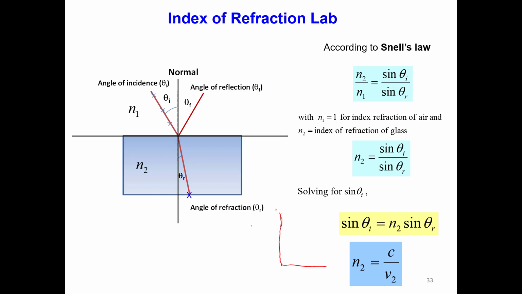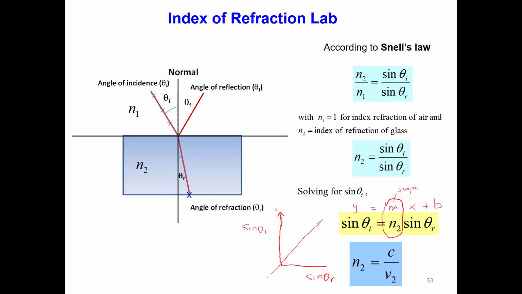I want you to plot the sine of the incident angle on the y-axis and the sine of the refraction angle, and then you will get something like that. It should be close to 0 here. You can see this is like y equals mx. The slope in this case corresponds to the index of refraction. This is the slope, and here you will have the y-intercept, which should be close to 0.